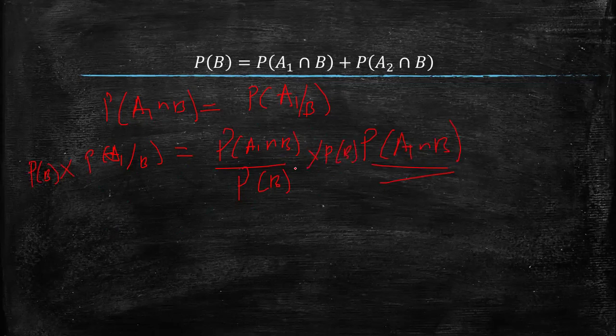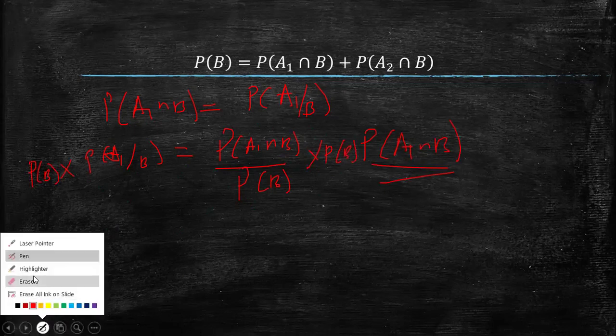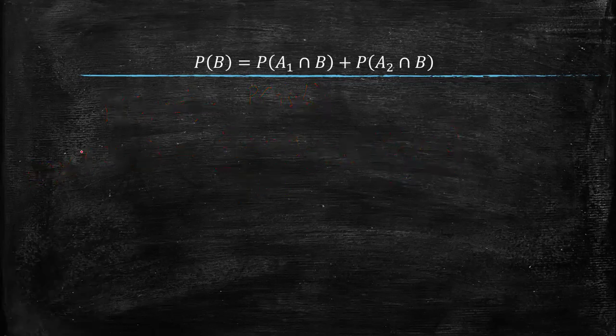Thinking, no? I've done it the wrong way. So we have A1 intersection B. Because B has already occurred, we're going to change this to B intersection A1.